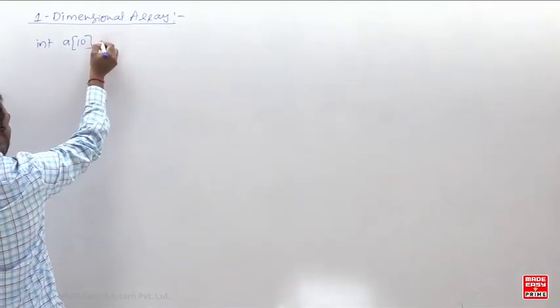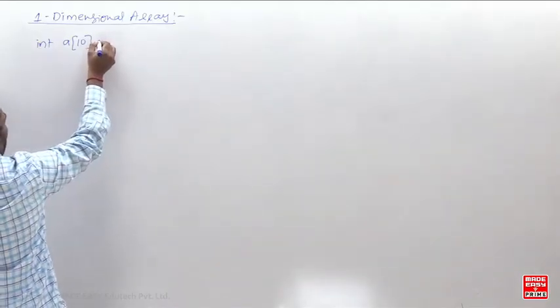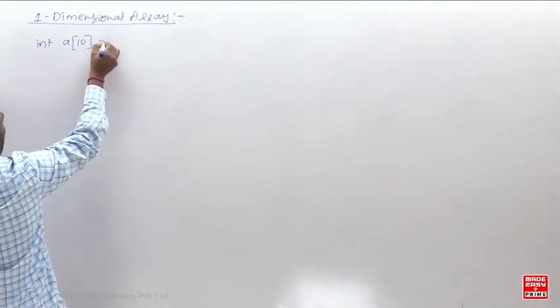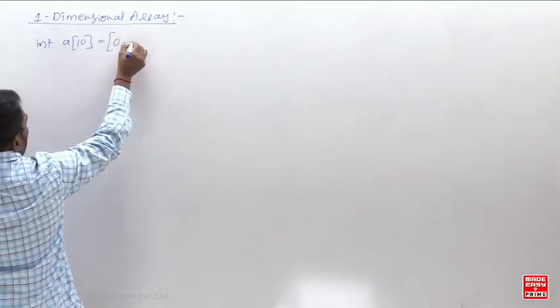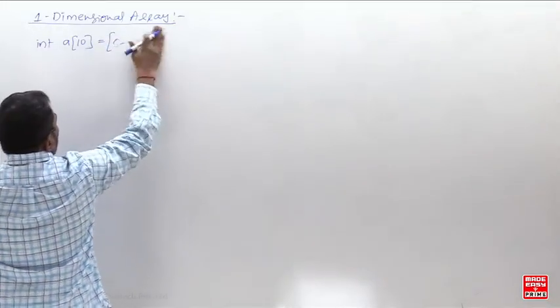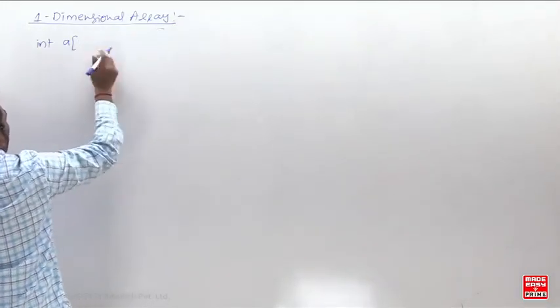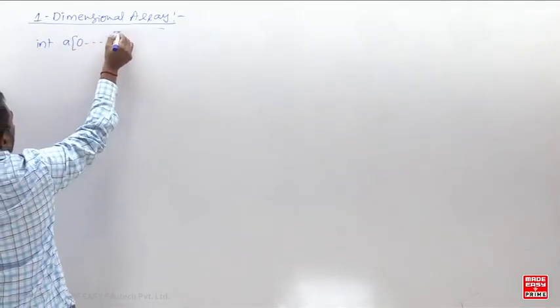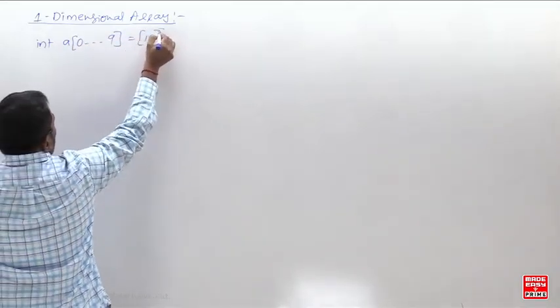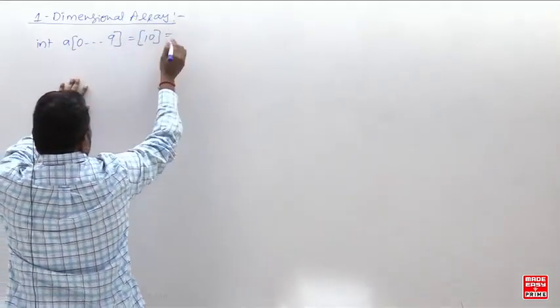Array index starts with 0, so it goes from 0 to 9, otherwise you will get confused. For easy understanding I am writing here array a of 10, 0 to 9.